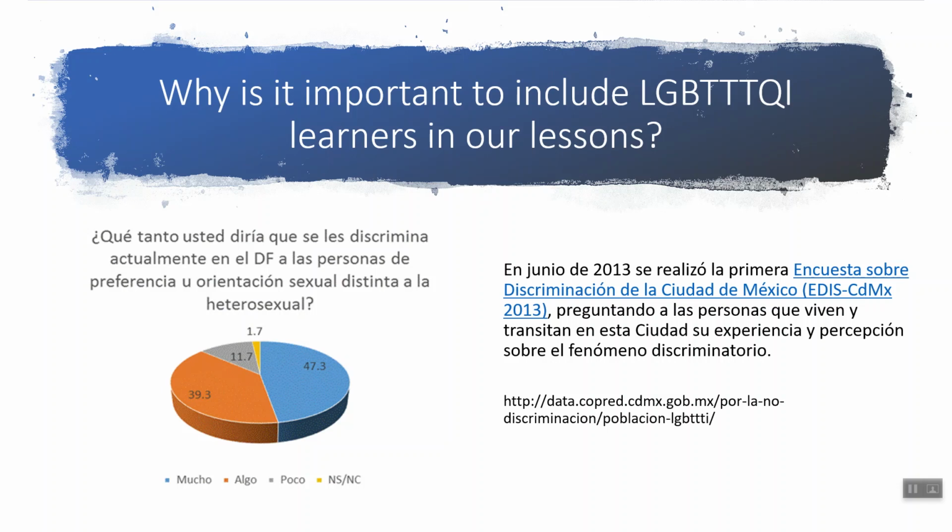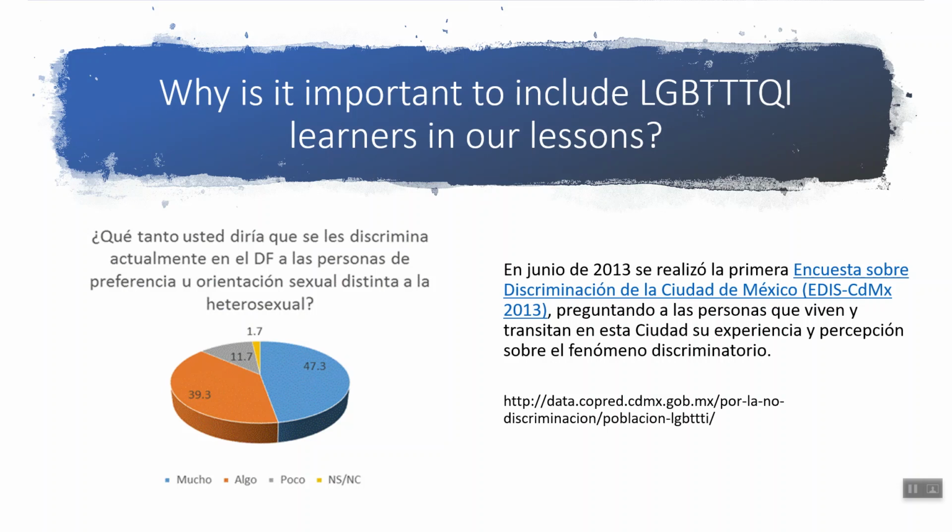If we look at the results of this survey carried out in 2013 by the COPRED, the Commission for the Prevention of Discrimination in Mexico City, over 80% of Mexico City citizens interviewed in this survey said that they discriminated against people whose sexual orientation was different from the heterosexual one.